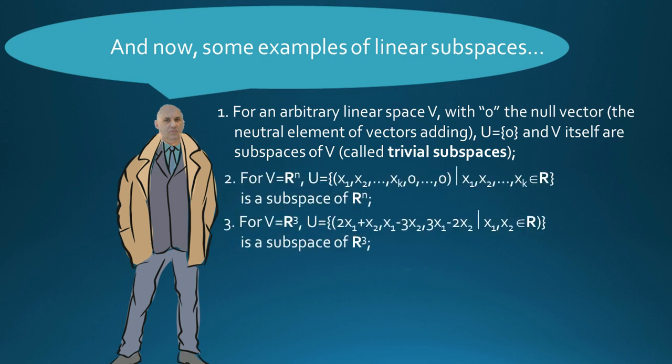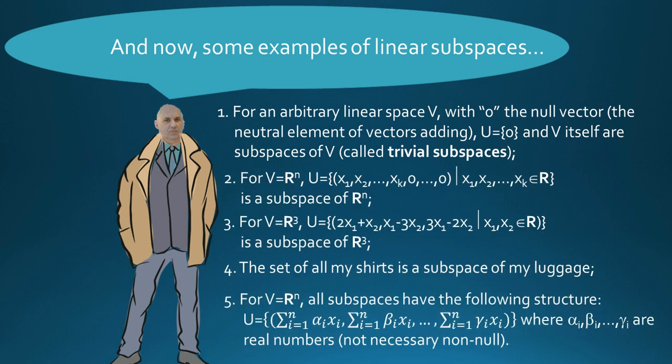1. For an arbitrary linear space V with 0 the null vector, the neutral element of vector adding, U equals 0 and V itself are subspaces of V called trivial subspaces. 2. For V equal R^n, U equal (x1, x2, ..., xk, 0, ..., 0), for any x1, x2, ..., xk in R, is a subspace of R^n. 3.